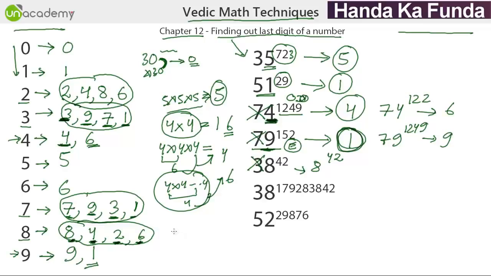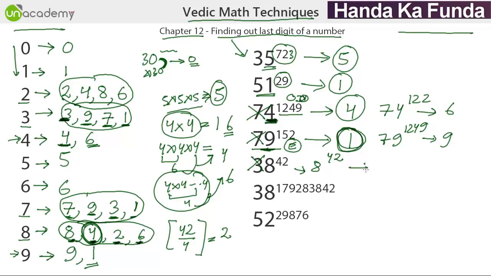But a much easier way to figure that part out is you divide 42 by 4 and check what the remainder is. What is the remainder? 2. If the remainder is 2, then my answer will be the second value in the list, which is 4.